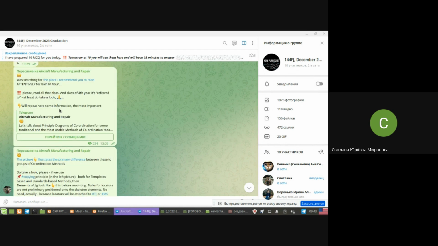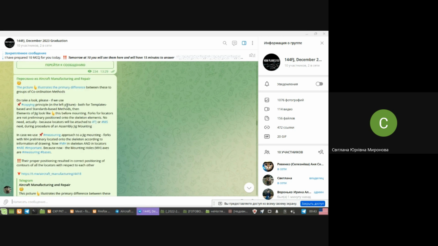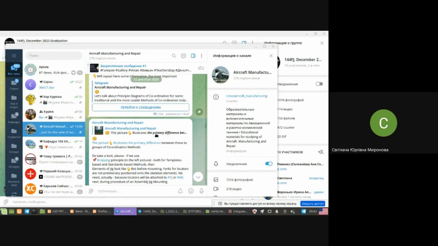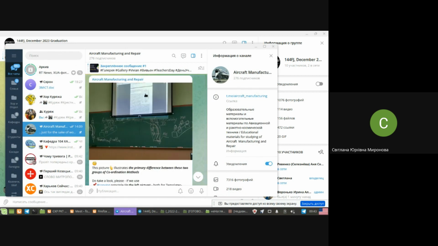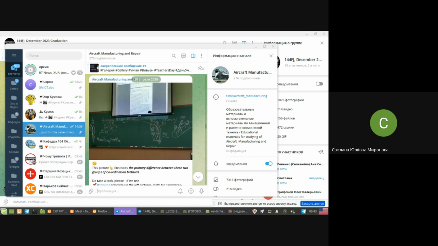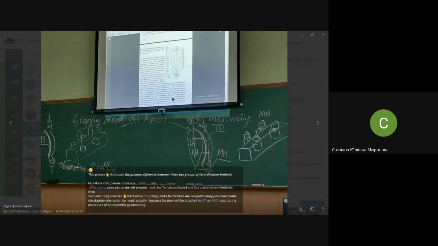What do I mean? Now, I asked you to read about methods of coordination. Let's see in the channel exactly. Here is the text, colored with some definition, but I'm not seeing that the picture is colored.